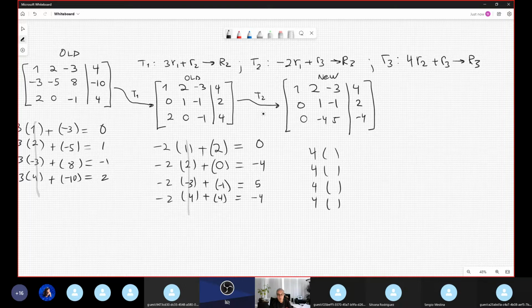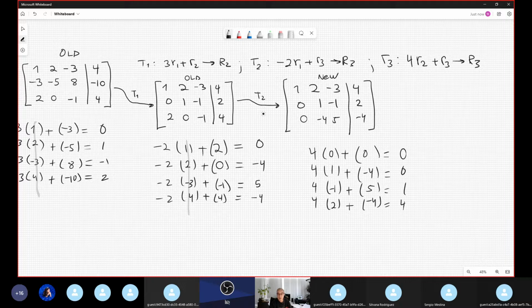Row 2 of this is 0, 1, negative 1, and 2. Plus the element in row 3. The element in row 3 is 0, negative 4, 5, and negative 4. Okay, let's do the computation. 0, 0. This is 1, negative 4 plus 5. And this is 8 minus 4.